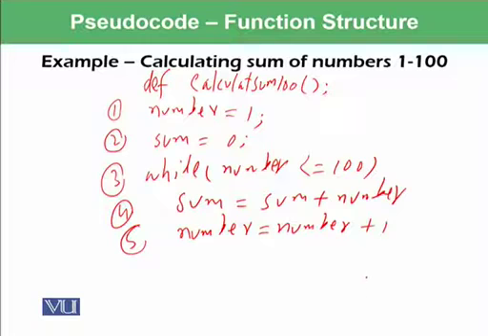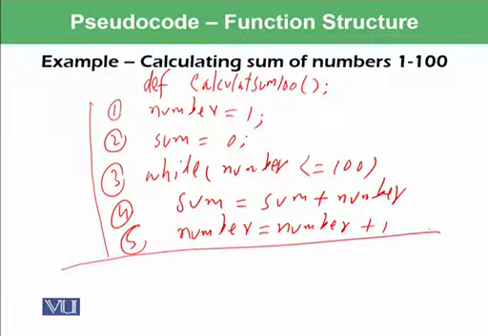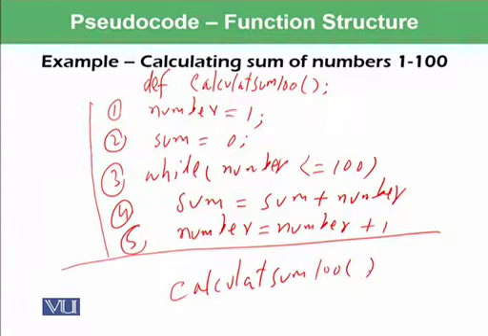Wherever we want to execute these 5 statements, we can write there only calculate sum 100. Wherever this statement is written by you in your application, or by some of your friends, or by some of your predecessors or successors, these 5 statements will be automatically executed.